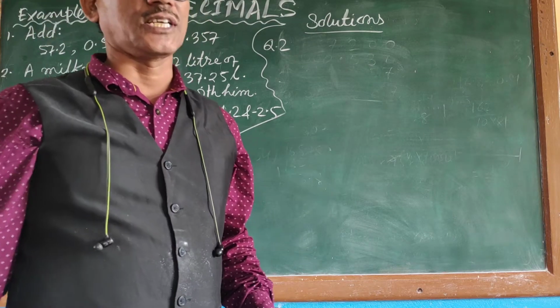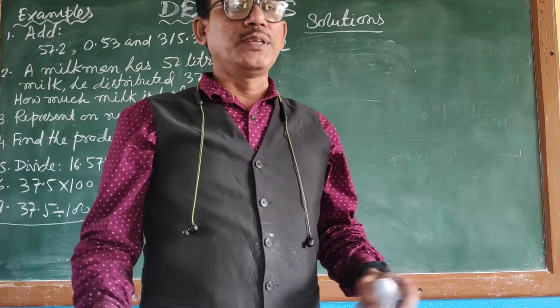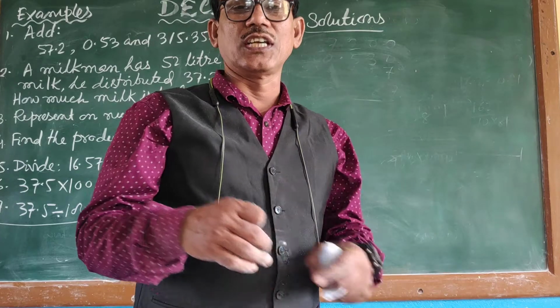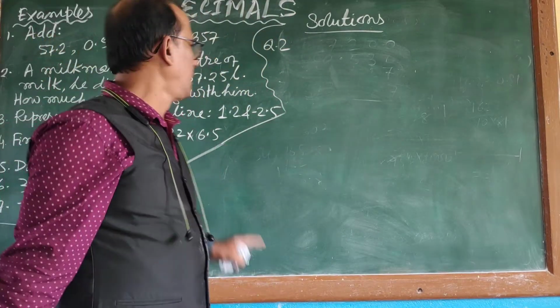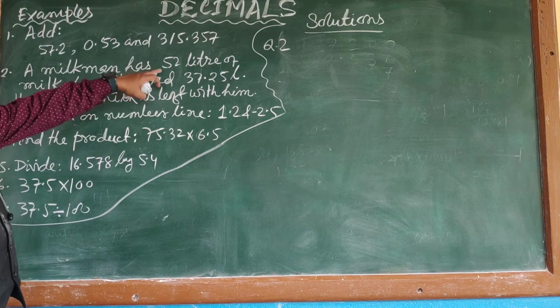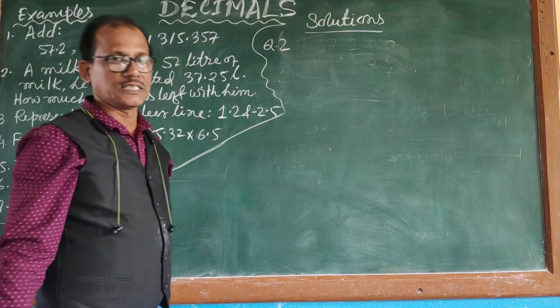Definitely it's a subtraction. Going through the language of a word problem, you have to understand whether it is a subtraction or addition or multiplication or division or a combination of two operations. That we have to decide. Now it's a clear-cut subtraction. So from 52 liters, we have to subtract 37.25 liters, isn't it?